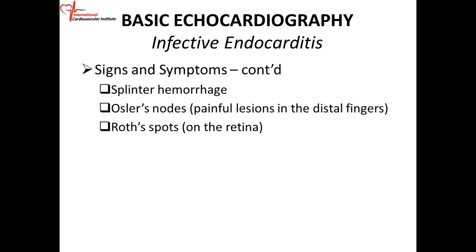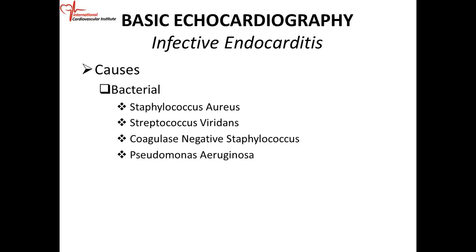If you look in the nail beds, you can see these red spots, and we call those splinter hemorrhages. Osler nodes, these are painful lesions on the distal fingertips, okay? And then Roth spots, these are lesions on the retina. So these are some of the signs and symptoms.